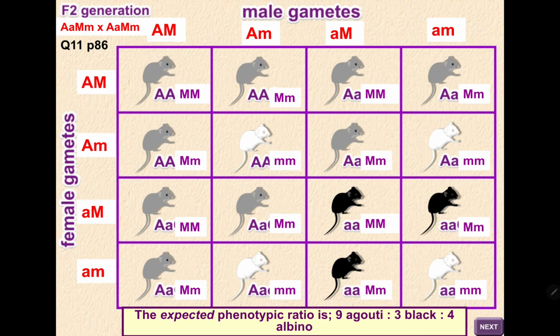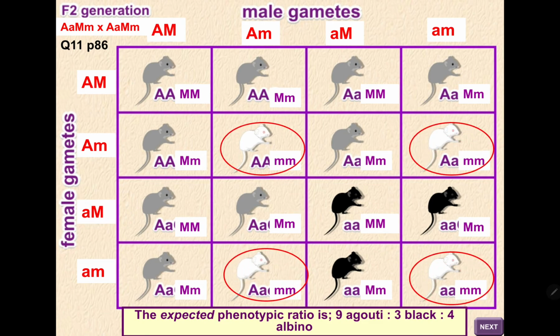So the expected ratio of 9 to 3 to 4 albino is our outcome here. So two genes have affected its colour, and this has resulted in 3 different phenotypes: grey, white, or black. Now, if we look at the 4 white mice, what they all have in common is that they have the two recessive M alleles.